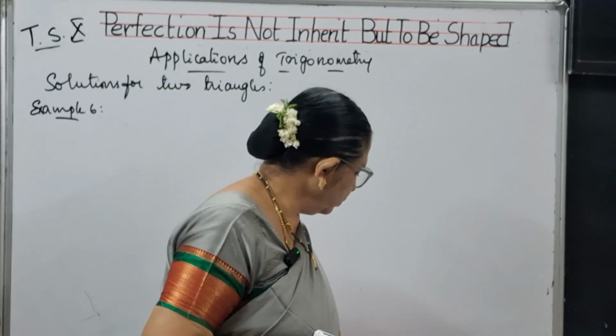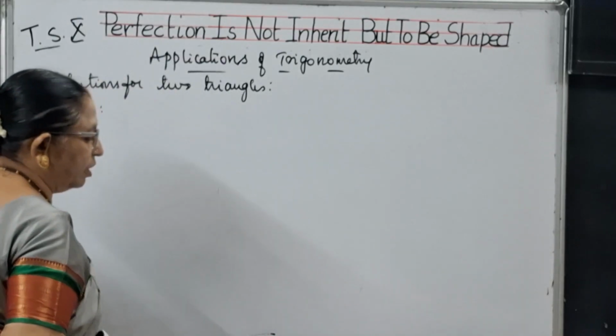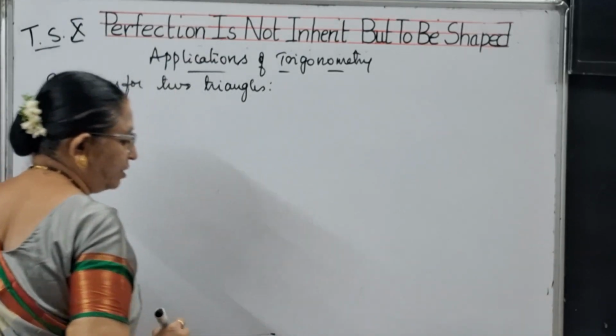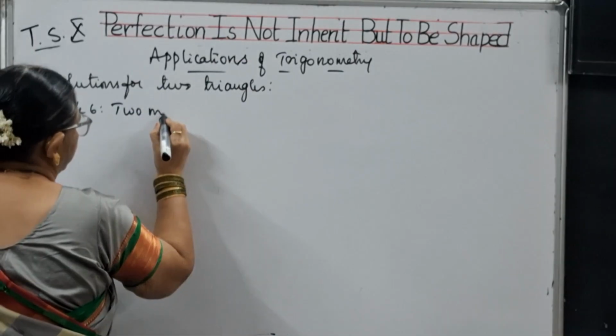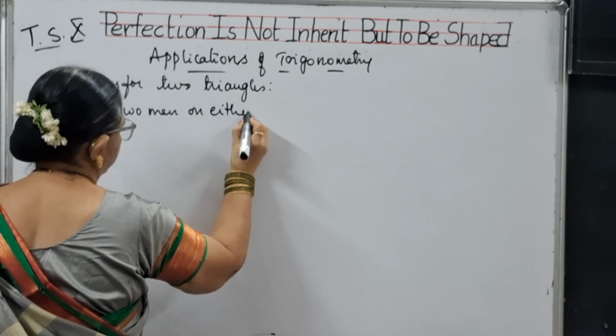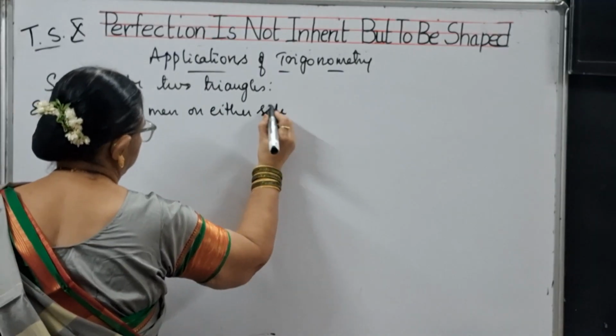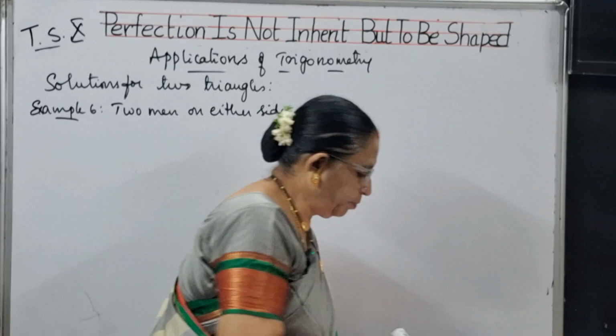Now I'm doing example 6. What is this example 6? It says two men on either side of the temple. Let me read the problem.